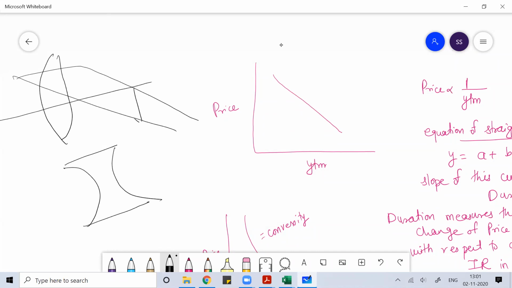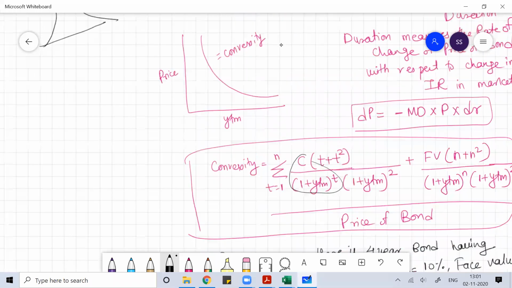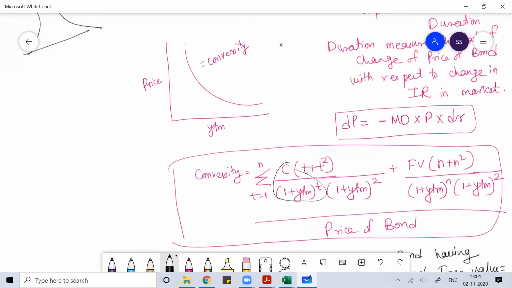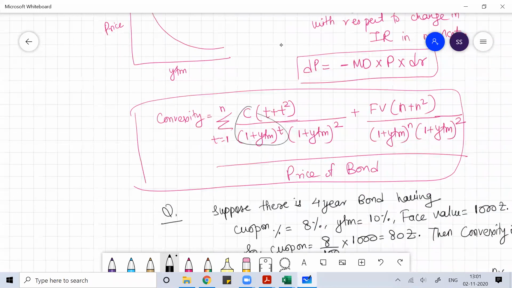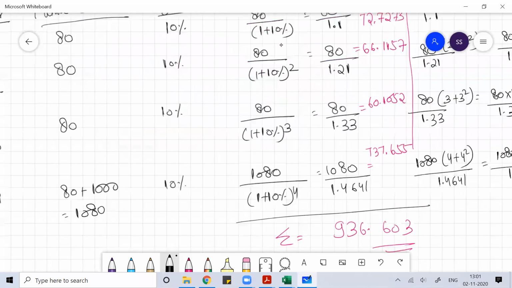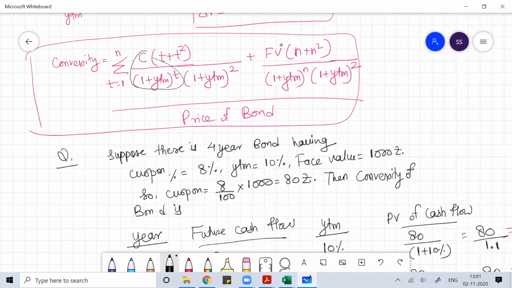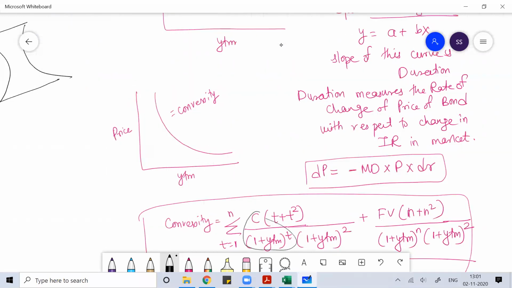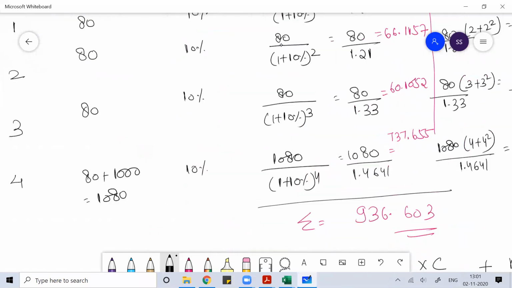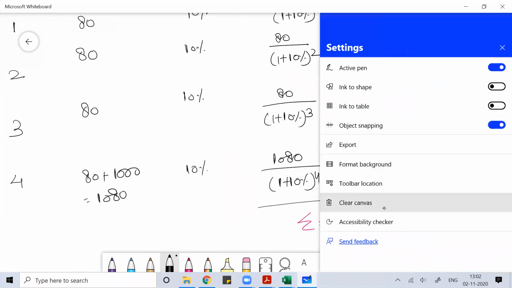The kind of graph which is formed, real image, inverted image, virtual image, that kind of logic we are using here, which gives the name convex. This is the basic understanding of the graph of the price of the debt instrument with respect to the YTM. I believe you have understood this, and nobody has any doubt on this part.